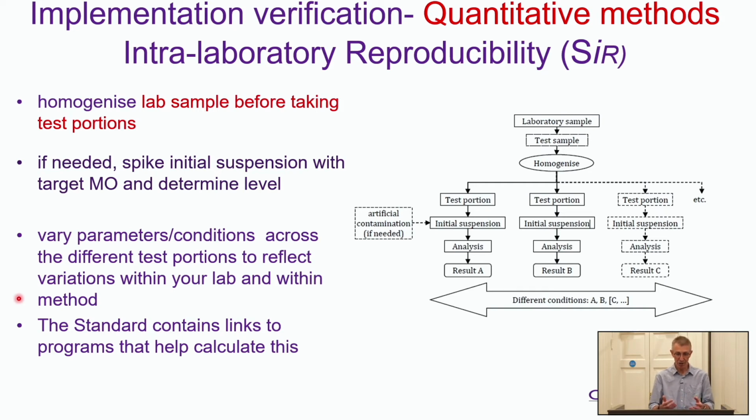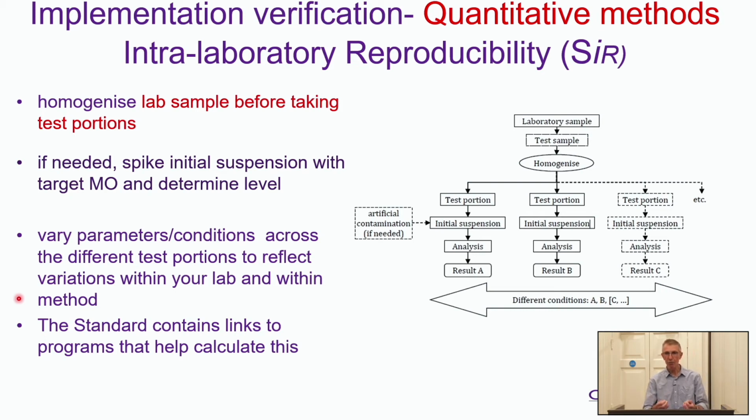By doing that, we're trying to get intralaboratory differences. So what you're trying to do with the variation you're doing is use different analysts. Use different pieces of equipment for each of the different test portions, different incubators, different pipettes. So we're trying to deliberately produce variations in the way you do the work.